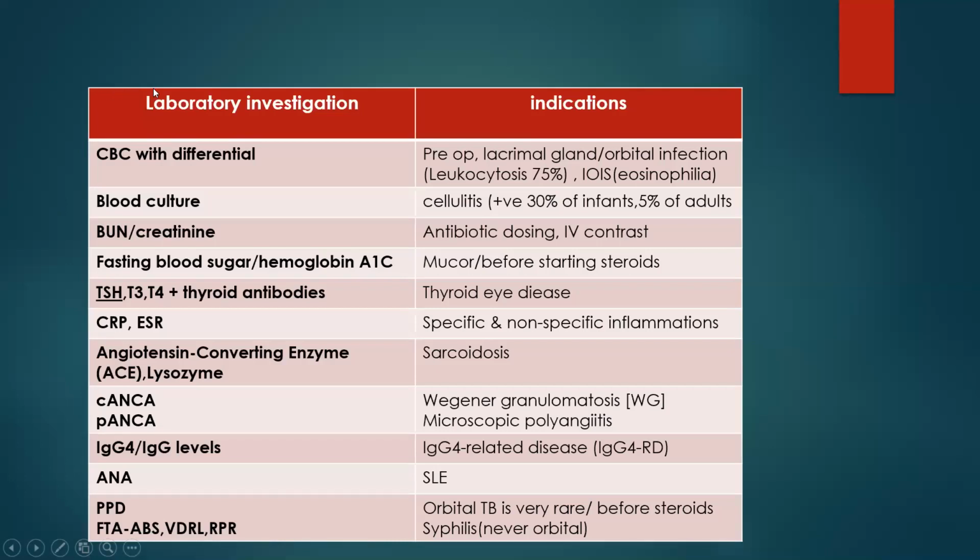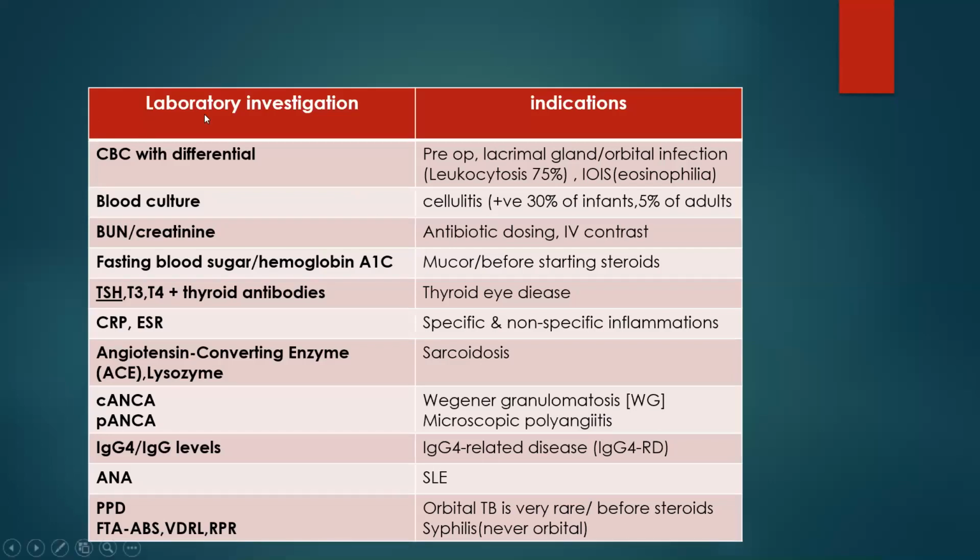In patients presenting with proptosis, for example, for 1 week or 2 weeks with some signs of inflammation, and you think this is an inflammatory condition, but it's not cellulitis. In such a case, you think, for example, about idiopathic orbital inflammatory syndrome.